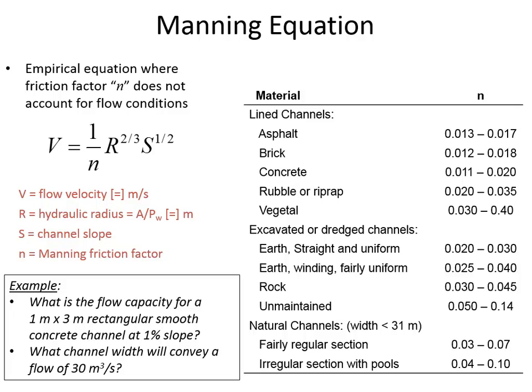Sometimes students ask, well, can't we just scale it? You know, this was 3 meters and it took 19 cubic meters per second. Why not just make it a percentage wider? Like increase the width by the ratio of 30 to 19.4 times 3 meters, and that gives you the new width.